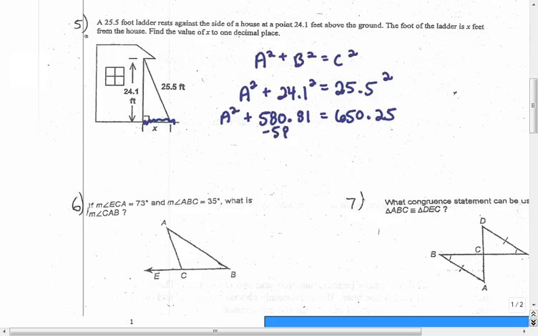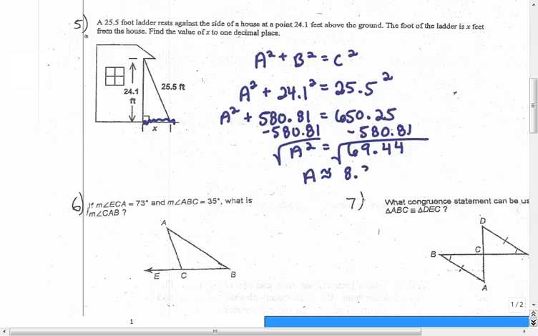I just use my algebra skills to get A squared by itself. So A squared is going to be 69.44. I need to square root both sides to get A by itself. So A is approximately 8.3 feet to 1 decimal place. Or so, 8.3 feet approximately.